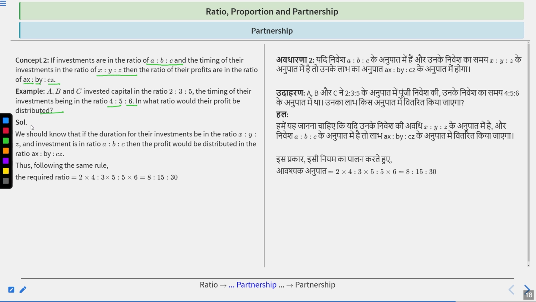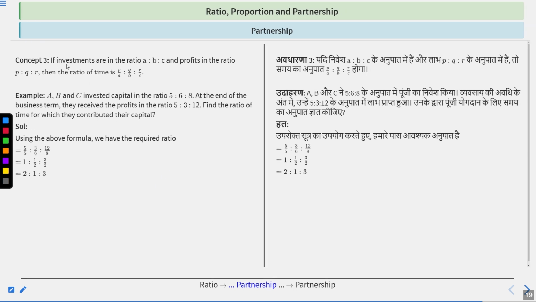Okay, so let's see the solution. We should know that if the durations of their investments are in the ratio X:Y:Z and the investments are in the ratio A:B:C, then the profit would be distributed as AX:BY:CZ. Following the same rule, the required ratio is 2 multiplied by 4 ratio 3 multiplied by 5 ratio 5 multiplied by 6, which is 8:15:30. Clear?